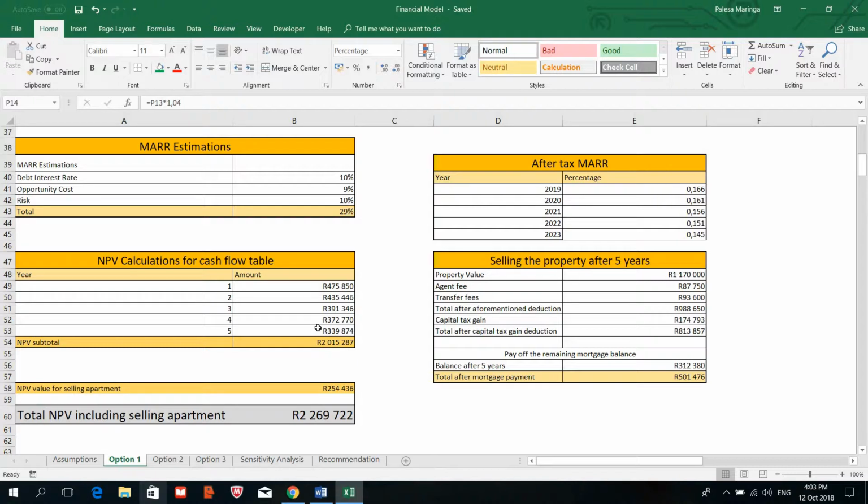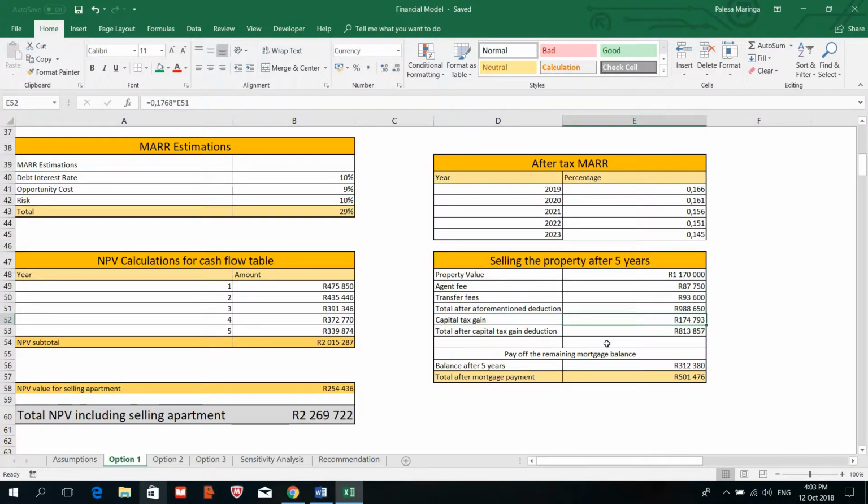Then it's assumed also that at the end of the 5 years, you sell the property. If you sell the property, you include all the agent fees, transfer fees, and the capital gain, which was taken from the SARS spec sheet, and a moving average of the capital tax gain was calculated for the next 5 years in order to have a capital tax gain value in 2023.